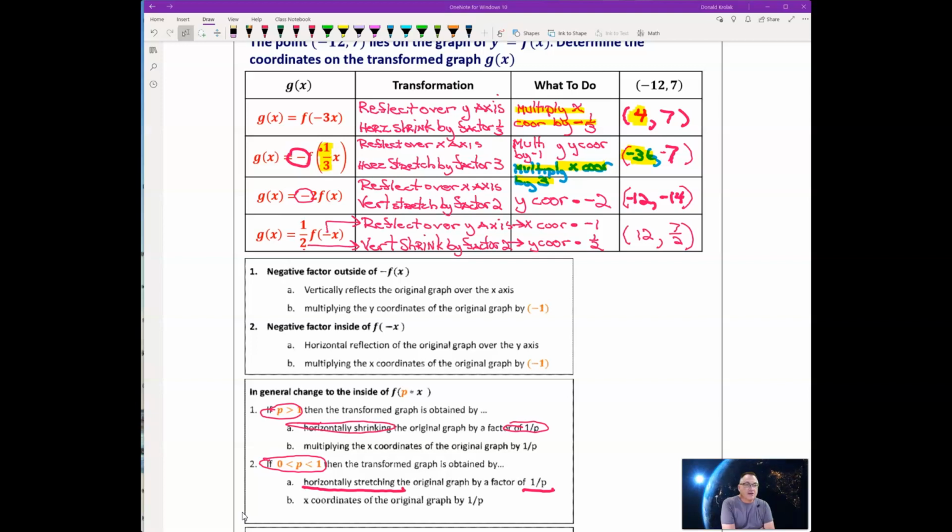So my negative 12 original point will go to 12, and then this 1/2, which is outside the function, means it's going to vertically shrink the y-coordinate by a factor of 1/2. And that would make my y-coordinate 7/2.